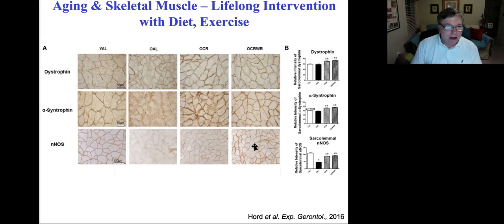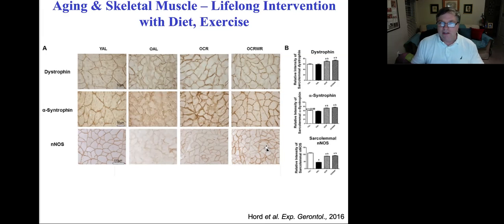But when putting in 2 miles a day, look what happens. Dystrophin is largely still there on the cell membrane. So is centrophin, which binds to both of these proteins, keeps things in place. And then nNOS looks pretty good. So when we went in and did some analysis, that's exactly what we found.